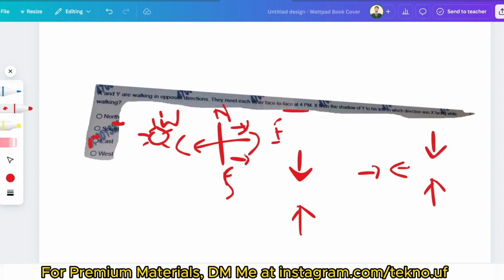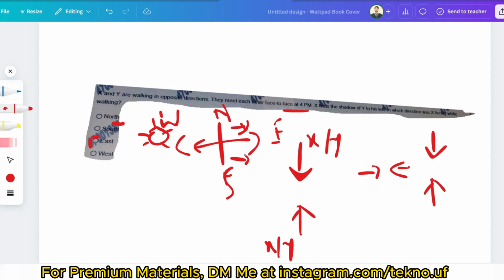But as of now it is a question: x can come from south to north, or y also can come from north to south. Okay, so let's check x coming from north and y coming from south. It is told that the shadow is at the left of x.